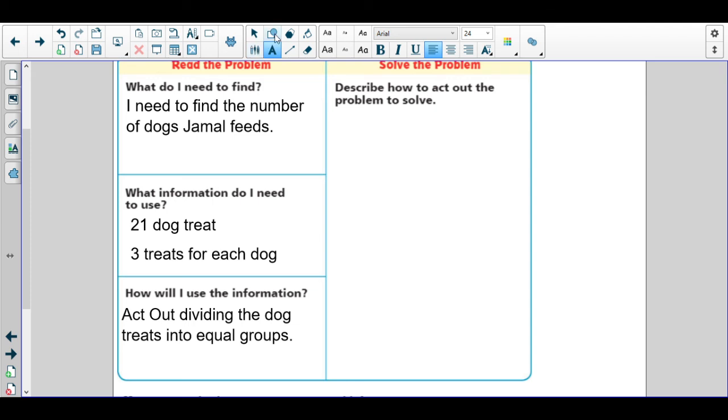Let's go ahead and just use a circle to represent one of those dog treats.